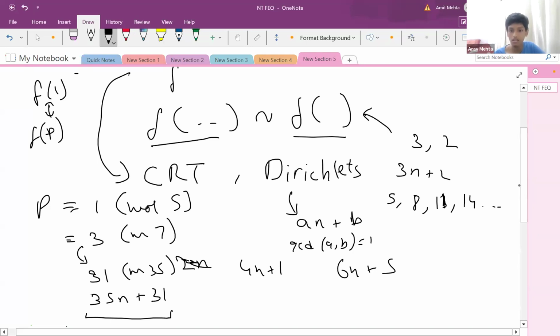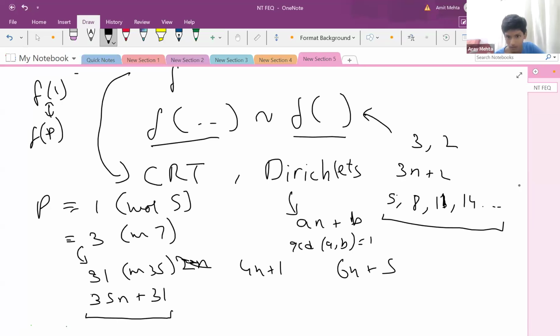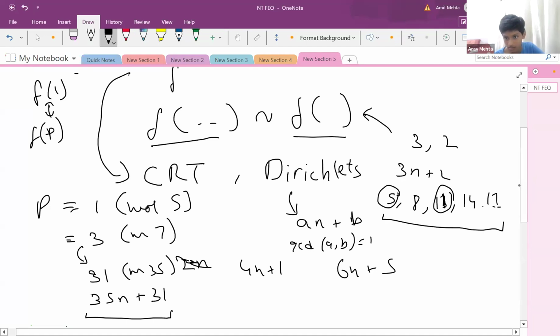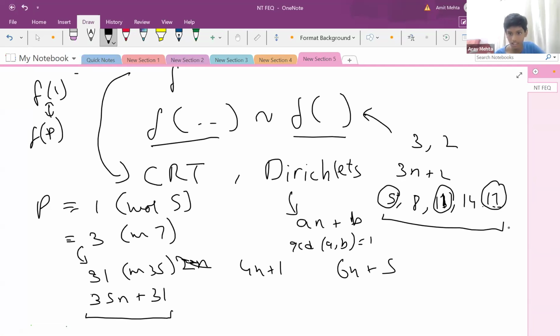The theorem says that in this sequence you can find infinitely many prime numbers. Over here we have 5, 11, 17, and so on. So there will be infinitely many primes in any such sequence.